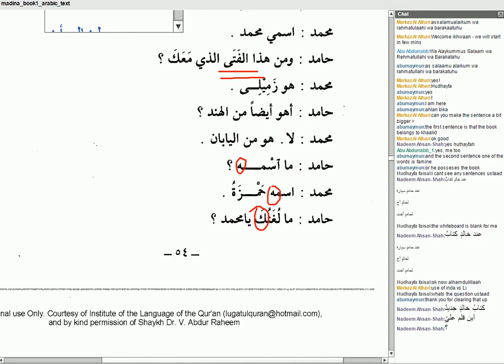Where's the mudaf, يا إخوة? أين المضاف وأين المضاف إليه؟ قلم is مضاف, بارك الله فيك, above the verb. And مضاف إليه طبعا is علي. جيد.